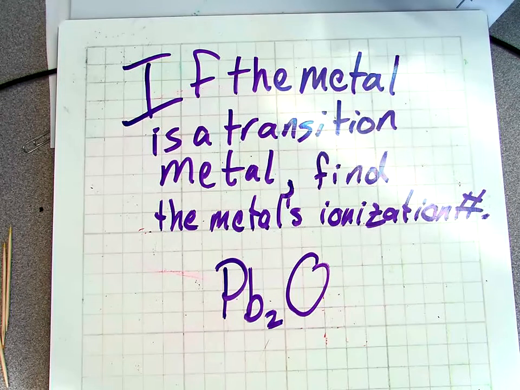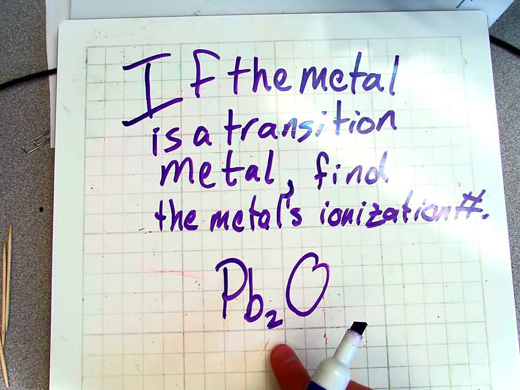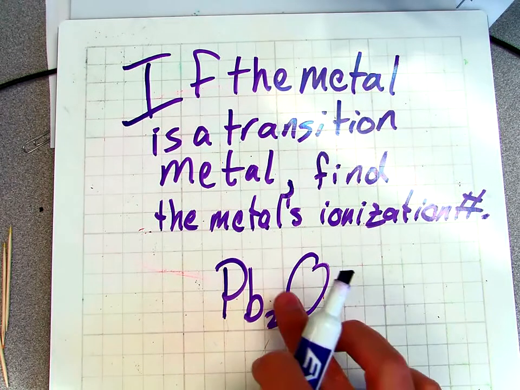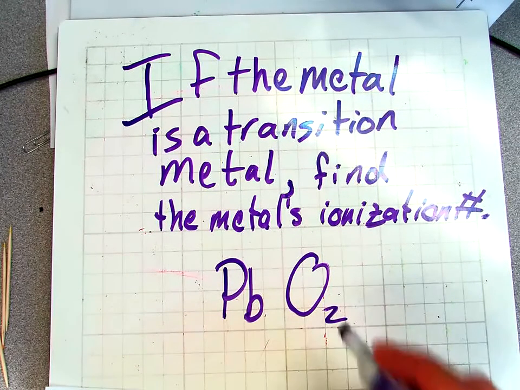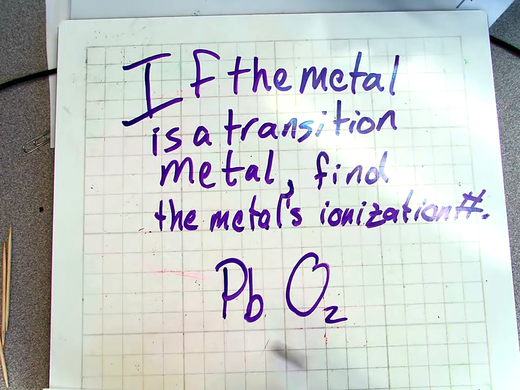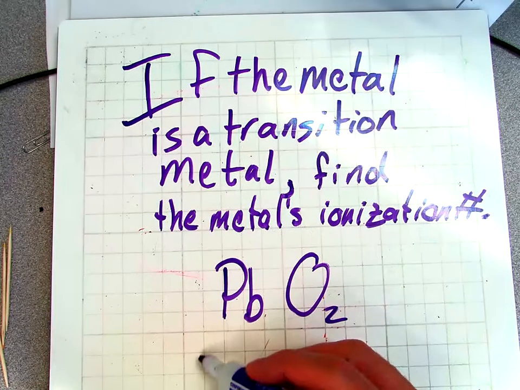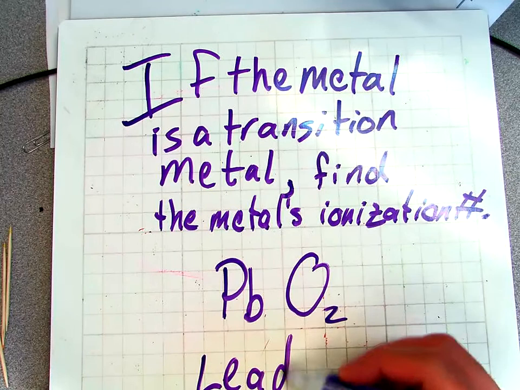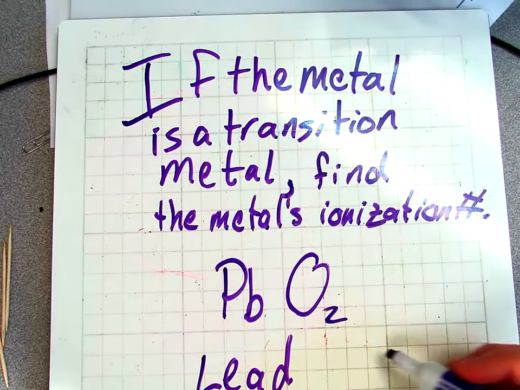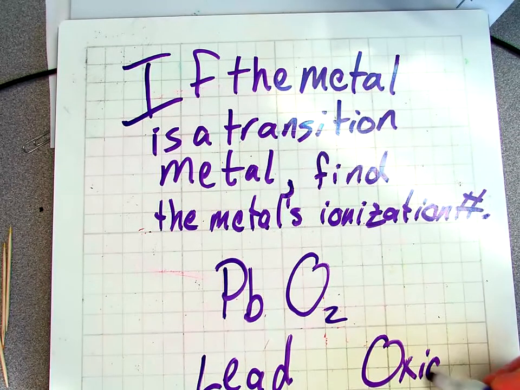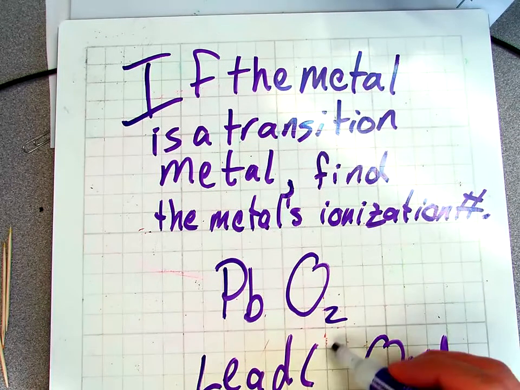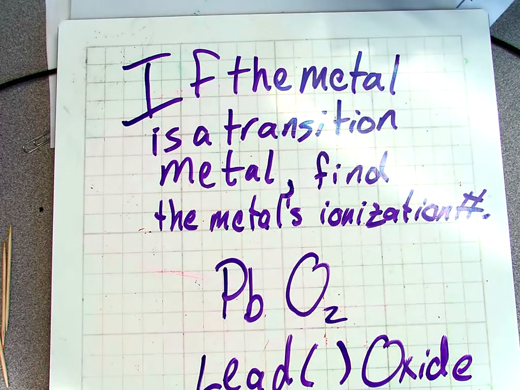PbO2. My mistake. So Pb is lead. So we're going to write lead. O2 is oxide. We almost are done. We just have to figure out what goes in the parentheses here.